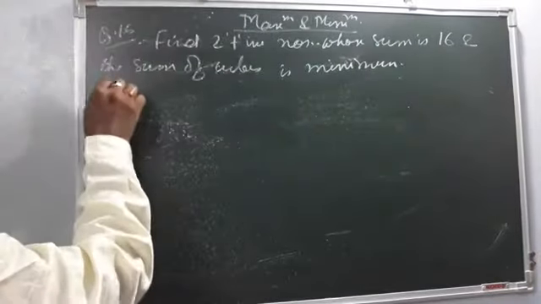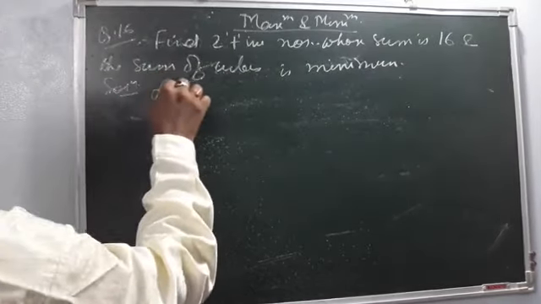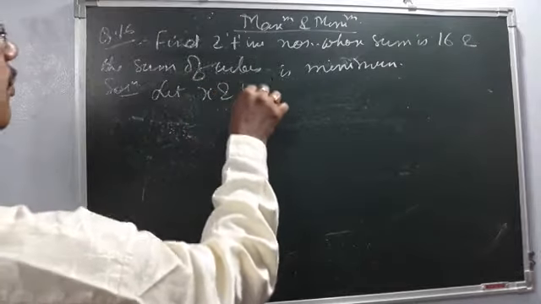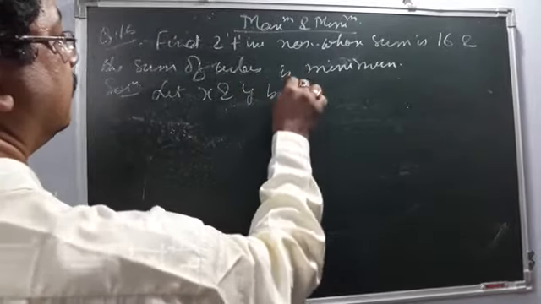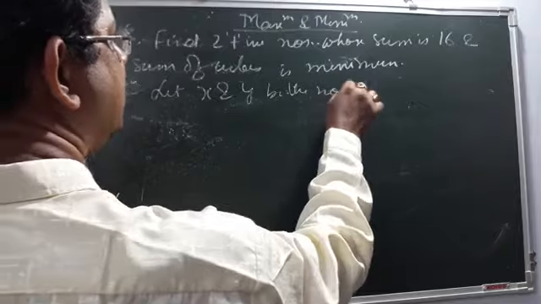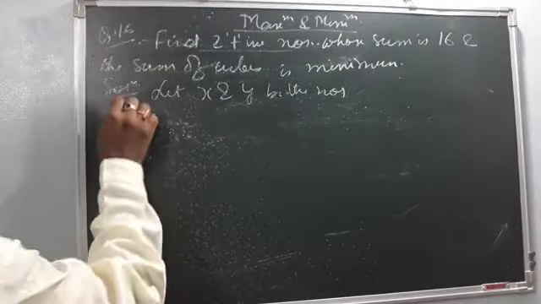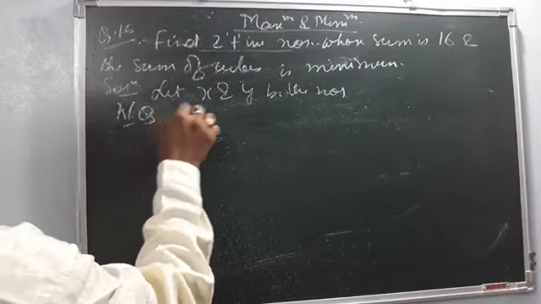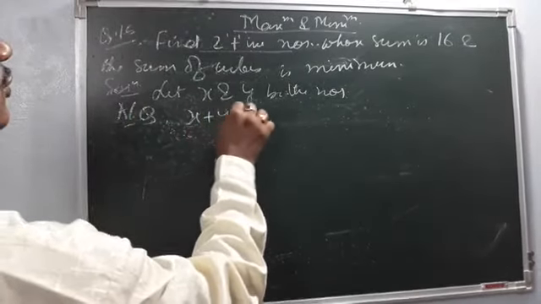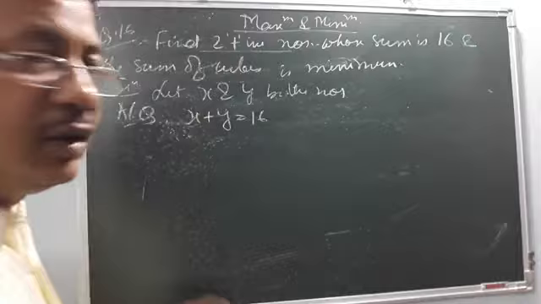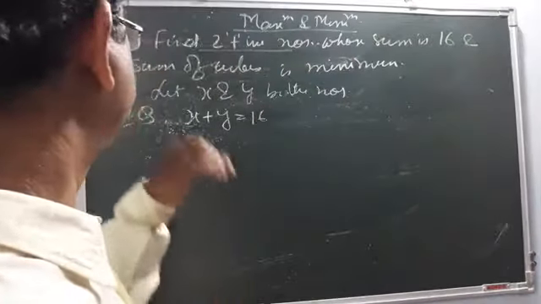So we will write the solution. Let x and y be the numbers. So I have taken the two positive numbers as x and y. According to the question, x + y = 16. This is equation 1, according to their condition.